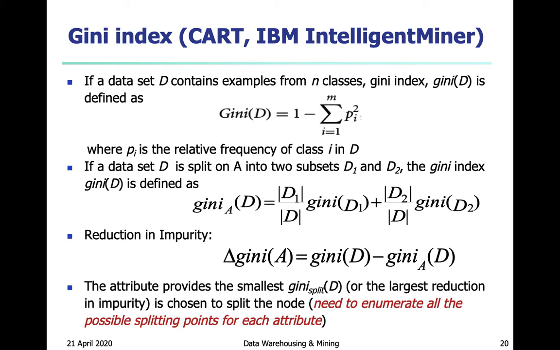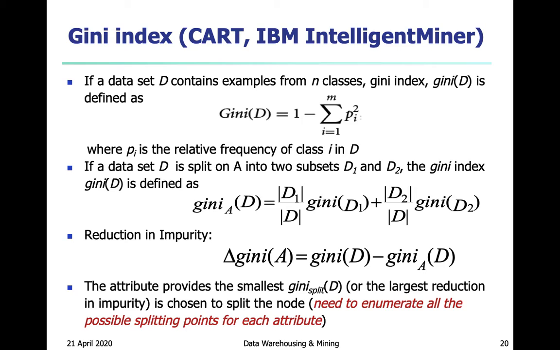So next one is the Gini index. It is used in CART. It measures the impurity of D. So what is it?